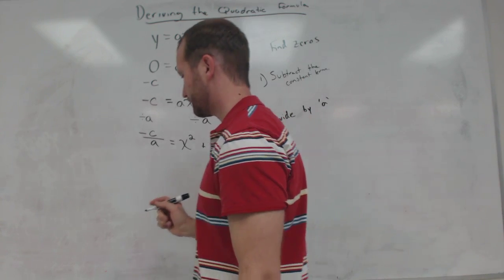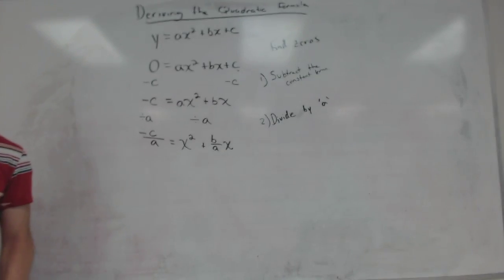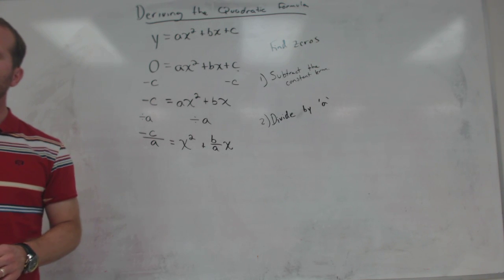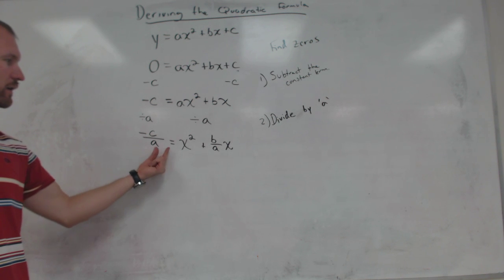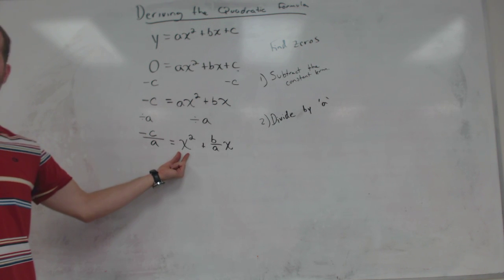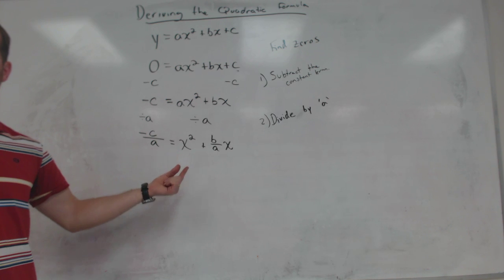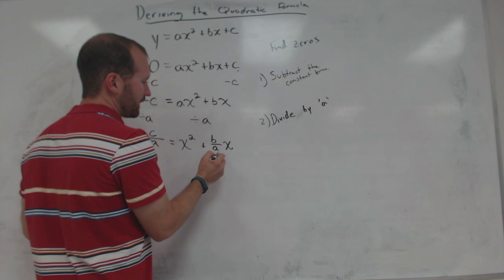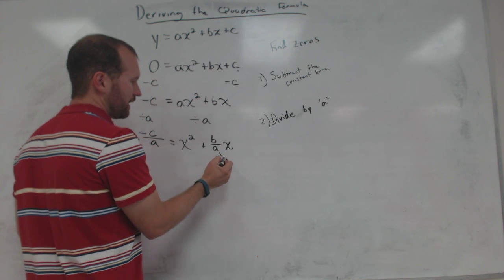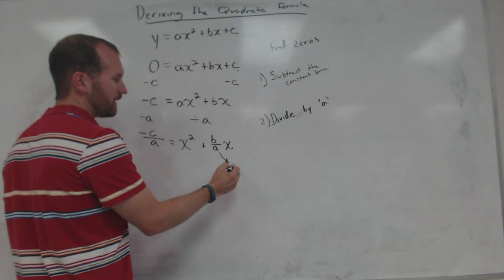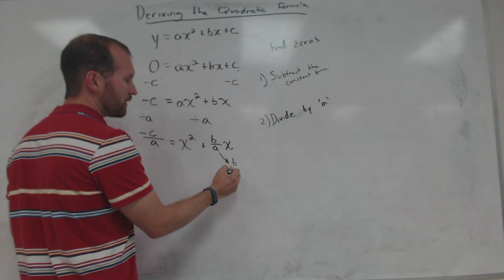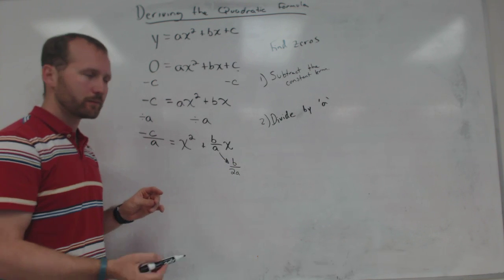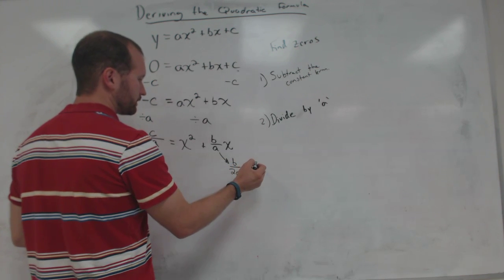Divide by a. What's the next step in completing the square? After we have the constant over here, we have x squared isolated. Yeah, we factor it. And so we take half of the coefficient on x, so b over 2a is half of that, and square it.